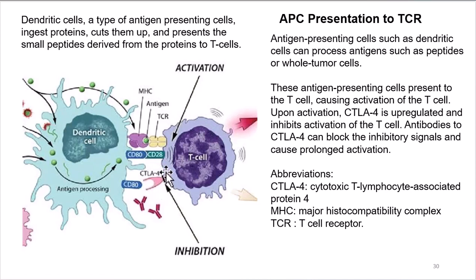Again, this actually can turn off this interaction, and there are drug targets we'll see for cancer in the future that have to do with this. And so you have this complex passing the recognition of this antigen onto this T cell.